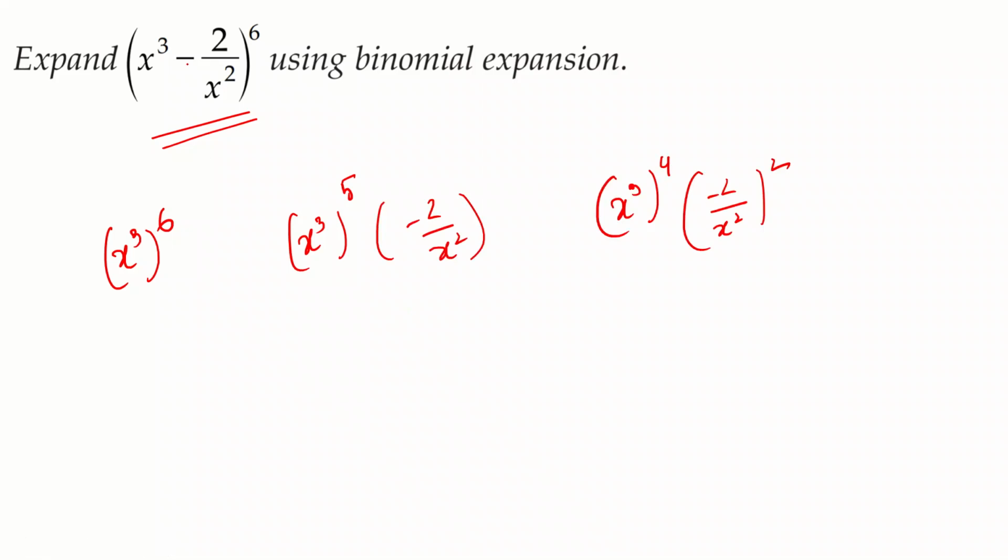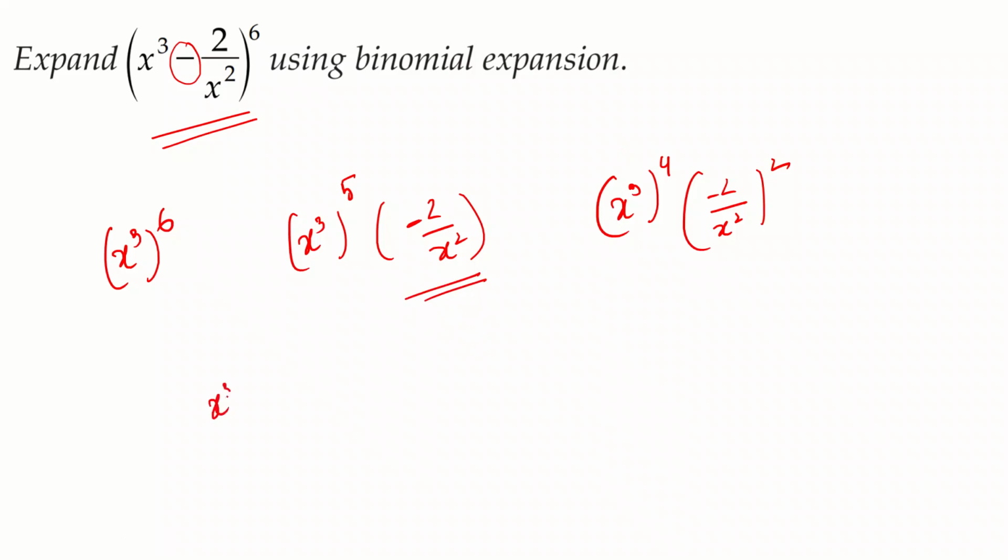Remember that because there is a minus over here, we should include this minus in the second term. Whatever we have discussed is the formula for a plus b. So if you have a minus, just think of it as part of b, think of this as minus b and use it instead of our b, and that's it. You just have to follow the pattern we have already discussed.